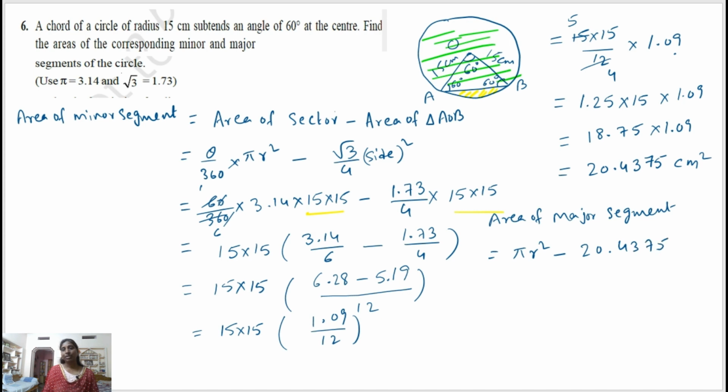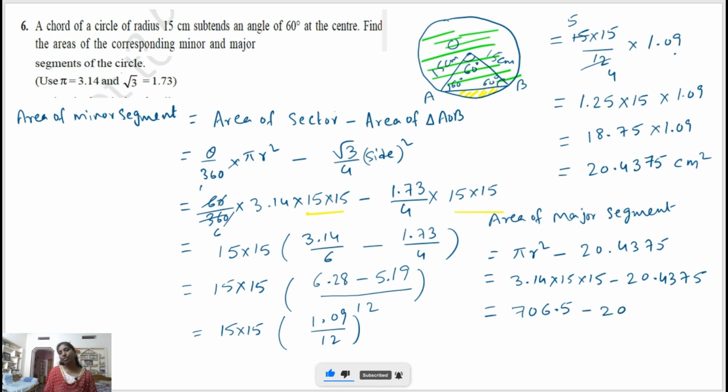20.4375. Now what is the value of pi? 3.14. Now what is the value of r? 15 into 15. Now minus 20.4375. So if you multiply 3.14 into 15 into 15, you will get 706.5. 706.5 minus 20.4375.